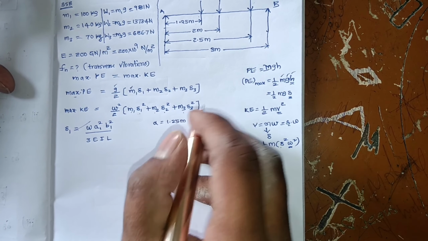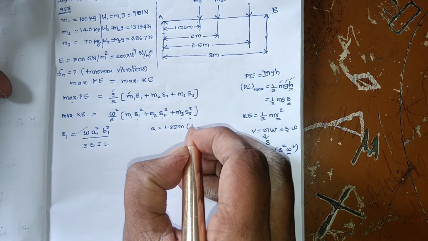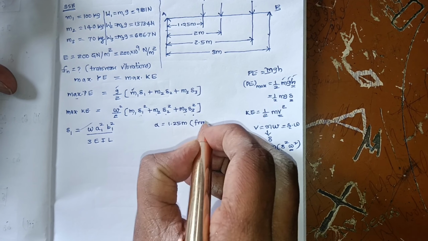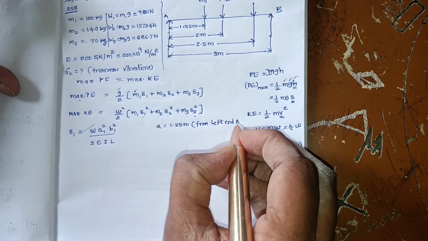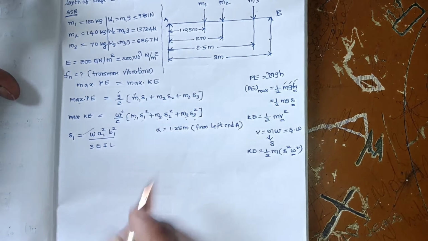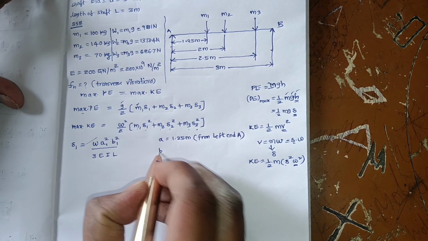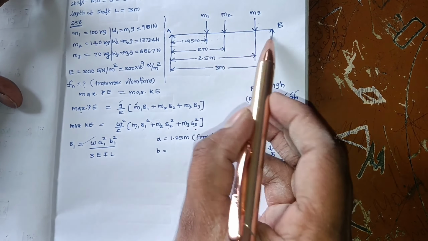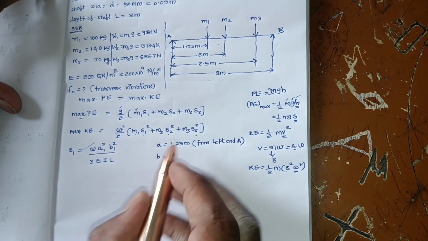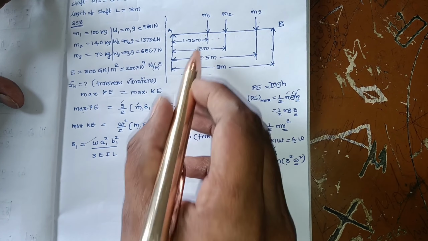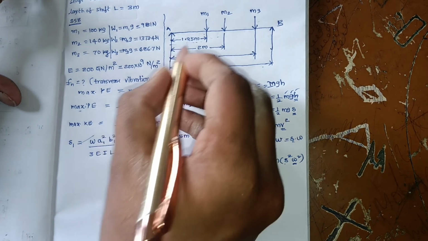You always have to measure from the left end, that is A. Similarly, B you have to measure from the right end B. That means from the total distance you have to subtract this value.